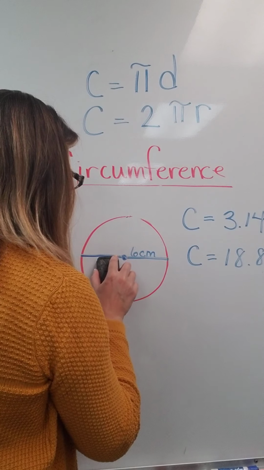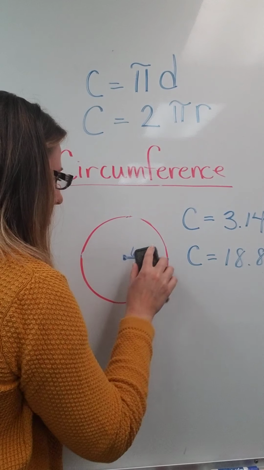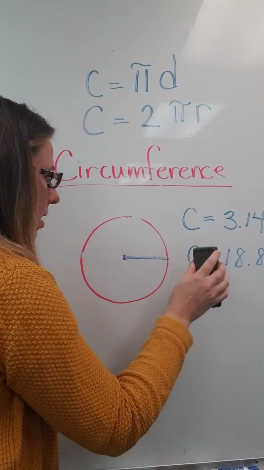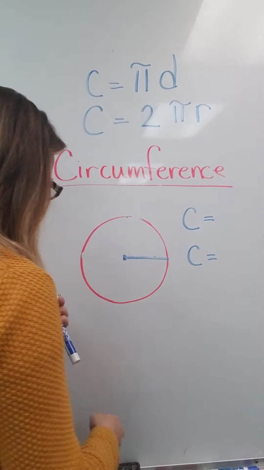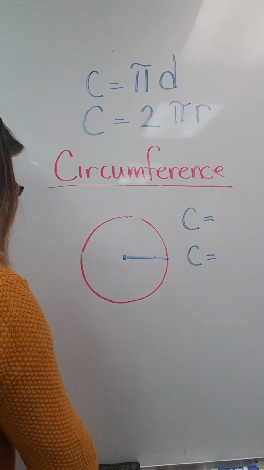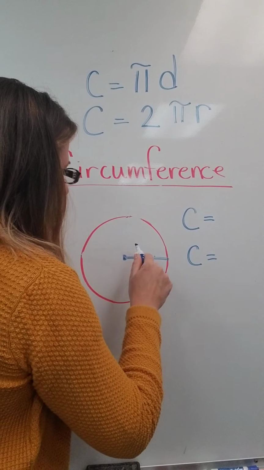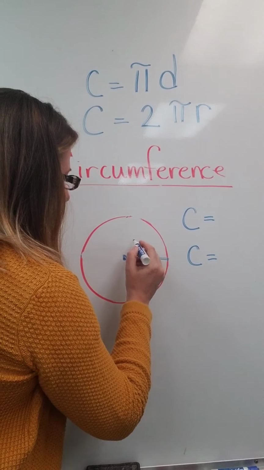So I'm going to erase this part, because a radius only goes halfway across, which means we're going to have to use the other equation, okay, or the other formula. So we're going to say that this is 3.2 centimeters. Because it only goes halfway across, that means it's a radius.